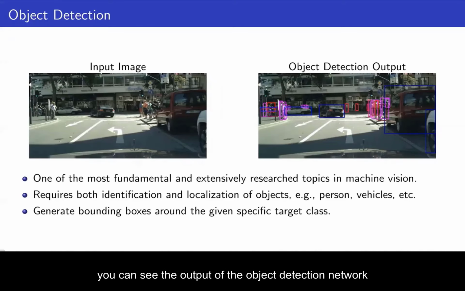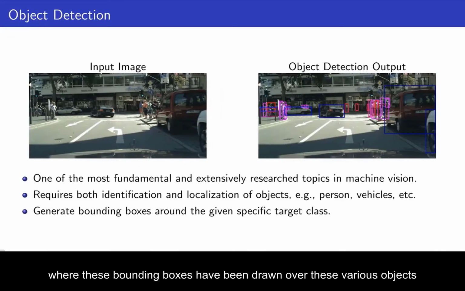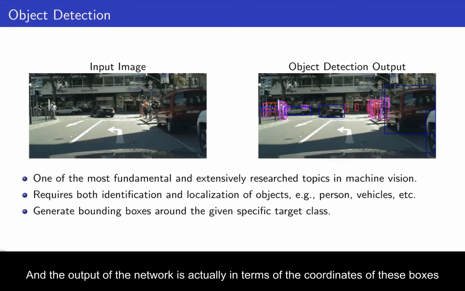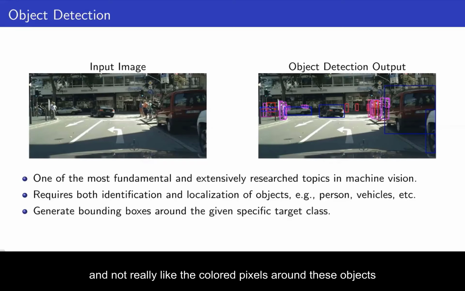In the image that you see here on the right, you can see the output of the object detection network where bounding boxes have been drawn over the various objects detected in the scene. The output of the network is actually in terms of the coordinates of these boxes and not the colored pixels around these objects. With these output coordinates from the network, we just draw these boxes around the objects for visualization.